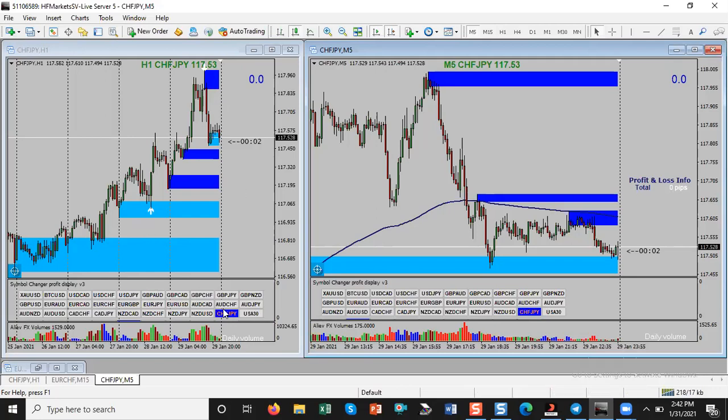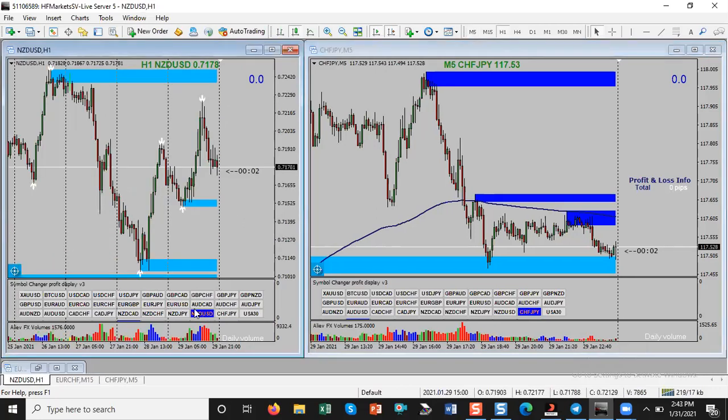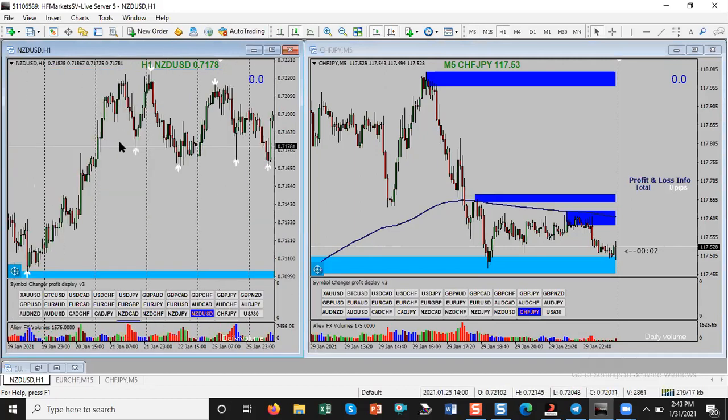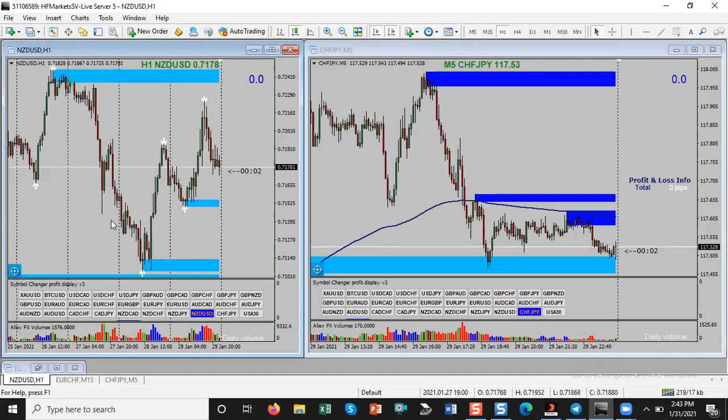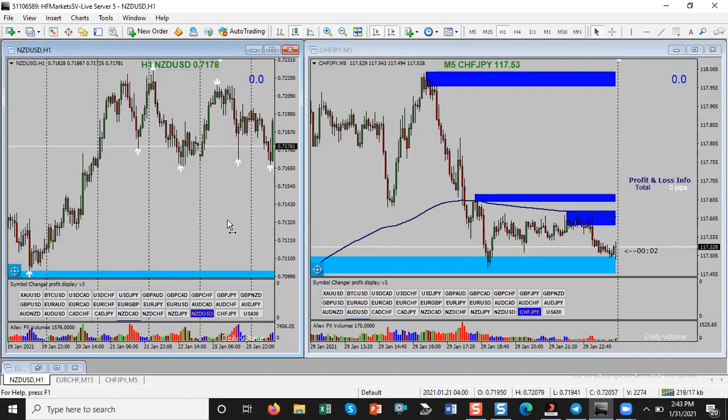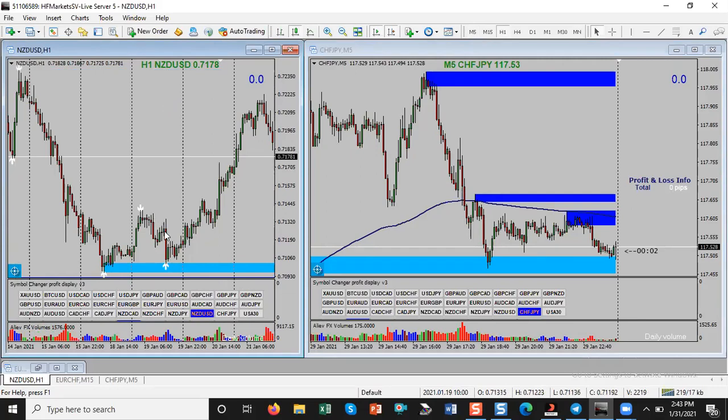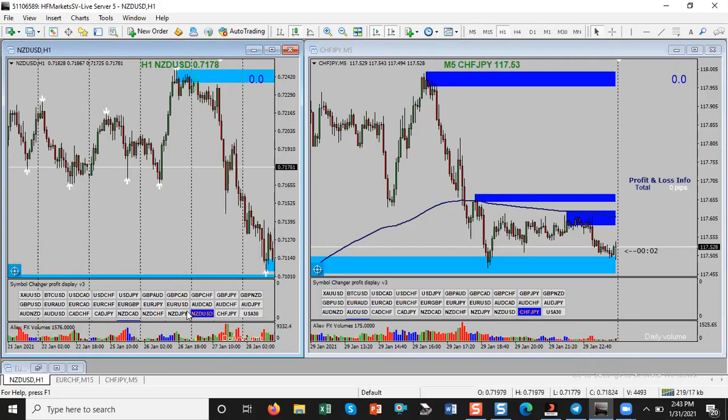So let me look for a setup that doesn't have a retest on the first zone. This one has.